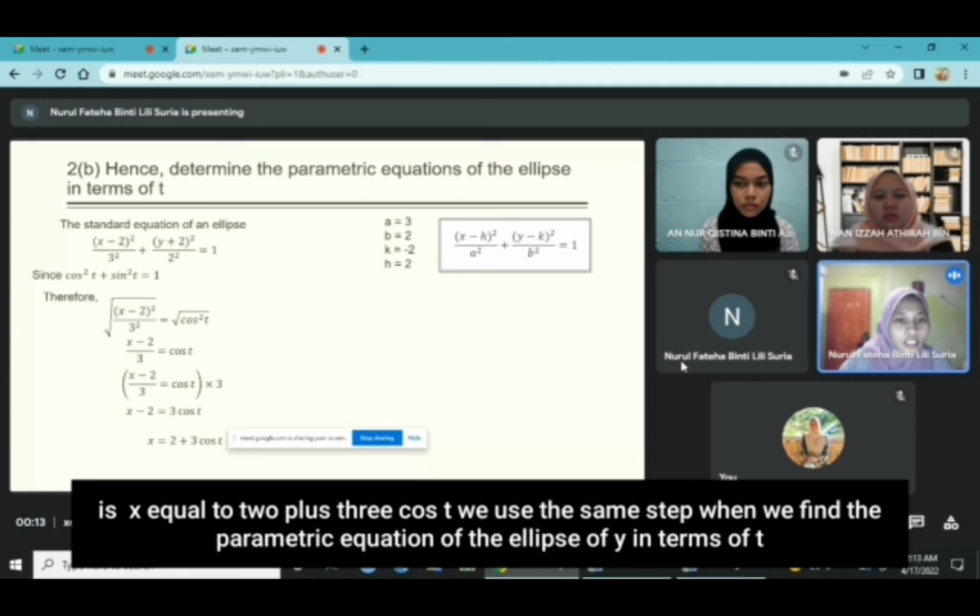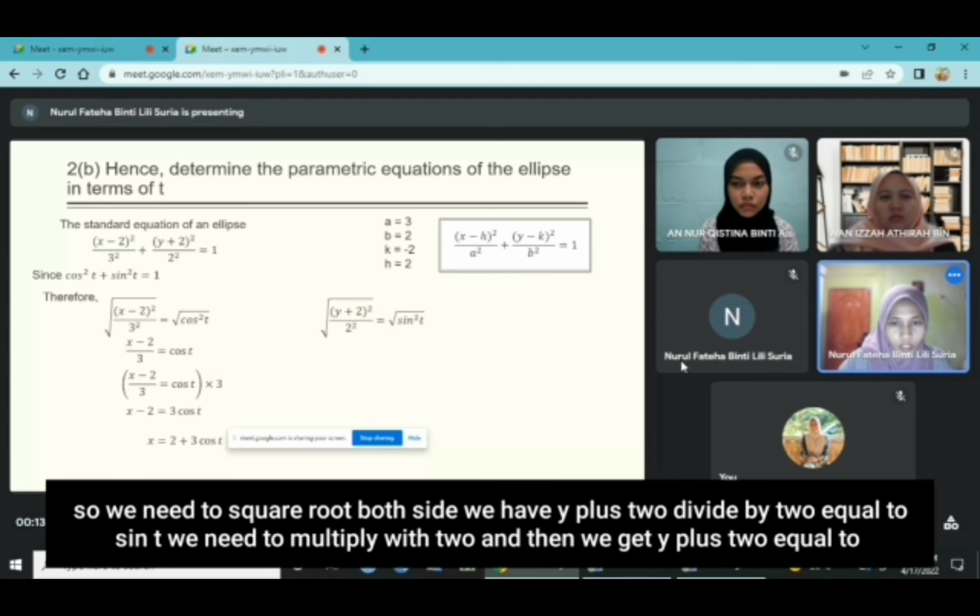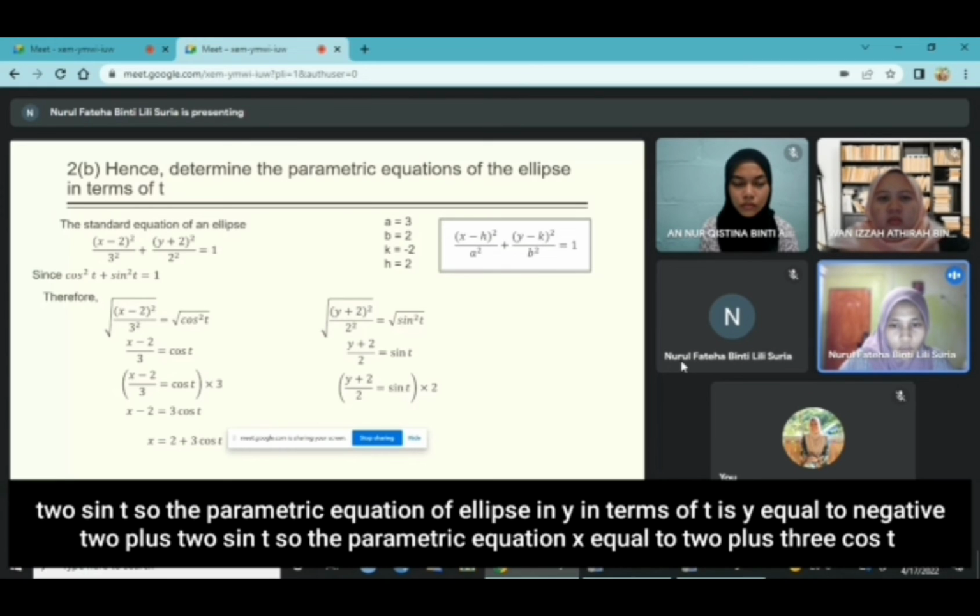We use the same steps to find the parametric equation of the ellipse for y in terms of t. So we take the square root of both sides. We have (y plus 2) divided by 2 equal to sin t. We multiply by 2 and then we get y plus 2 equal to 2 sin t.